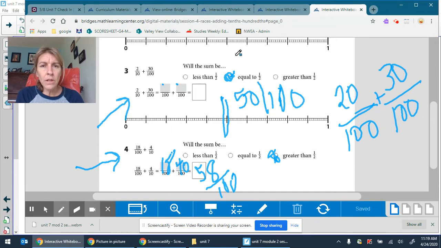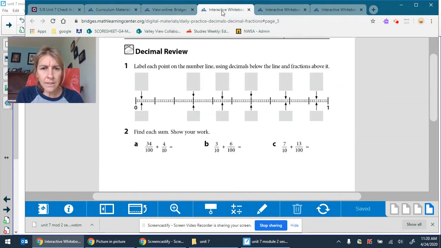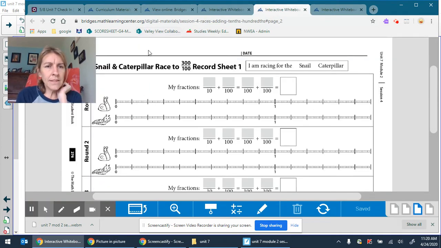Okay, so moving on to, let's look at, no, not decimal review. Let's look at this. This is the snail and caterpillar race that we would be doing at school. You're not doing it, so don't worry about it, but I just want to expose it to you.